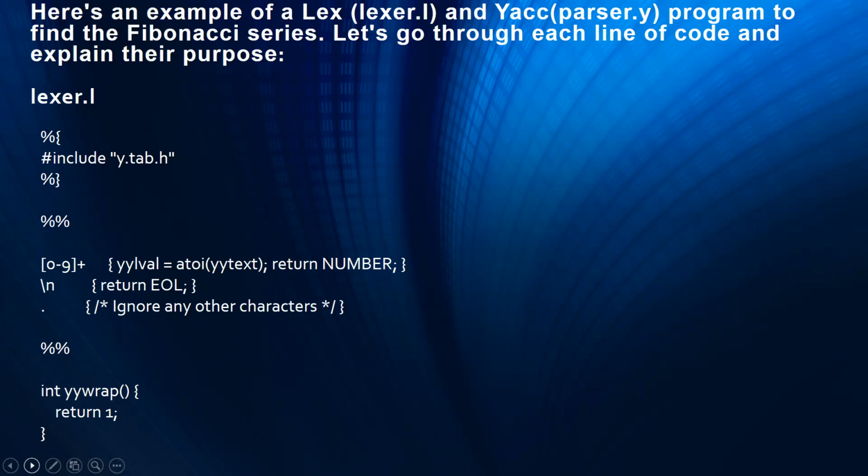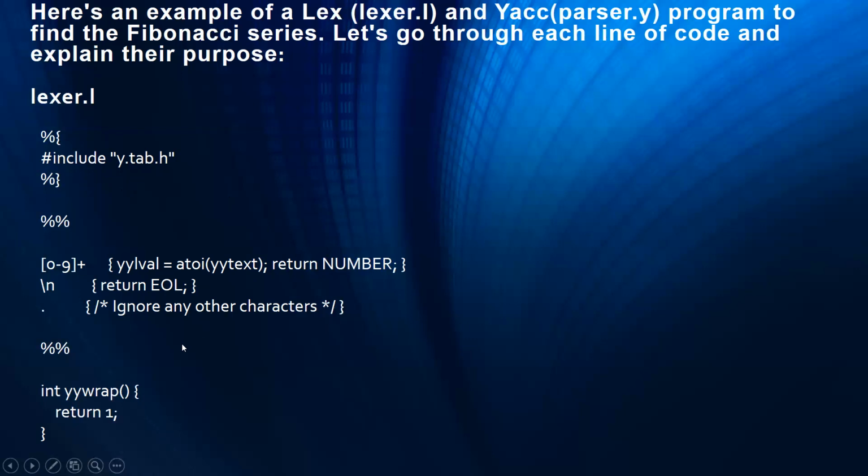Again, the rule section has the pattern and action, and then we have the C program subroutines. In the definition section, we have the header file y.tab.h, which is used to connect the Lex and Yacc programs.